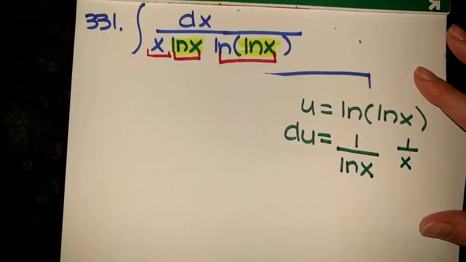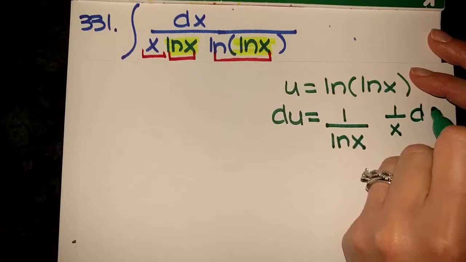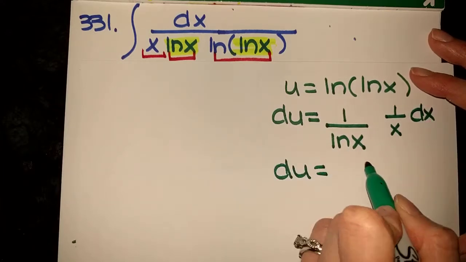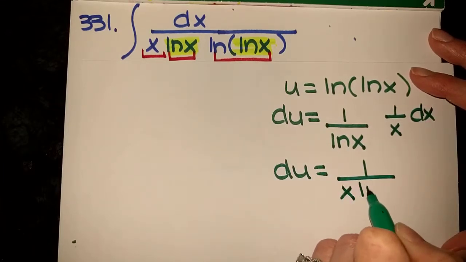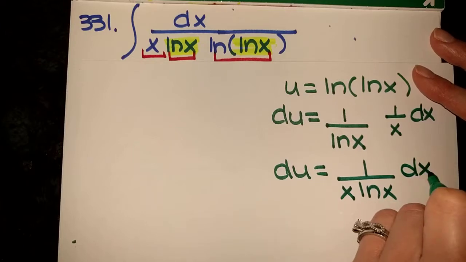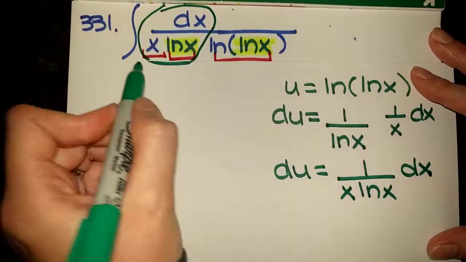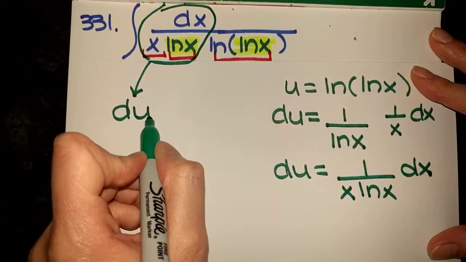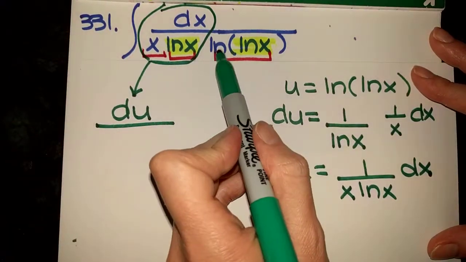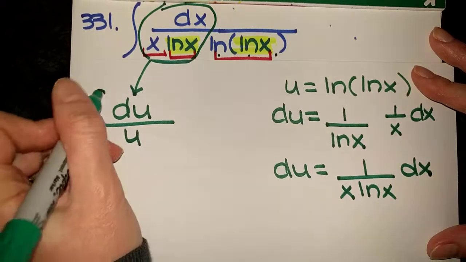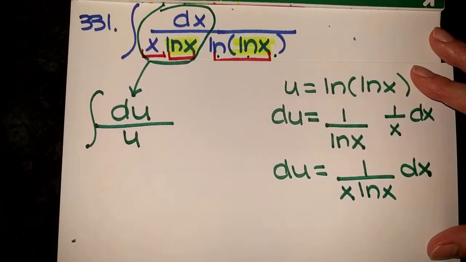So that would give you that your du is 1 over x natural log x dx. And then you could say that all of this, dx over x natural log x, becomes my du over, and then natural log of natural log x becomes u, and then we integrate that. So that would be another way of doing that.